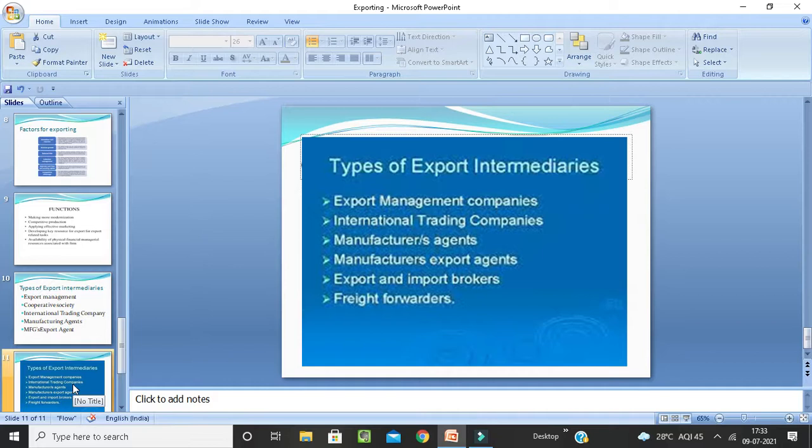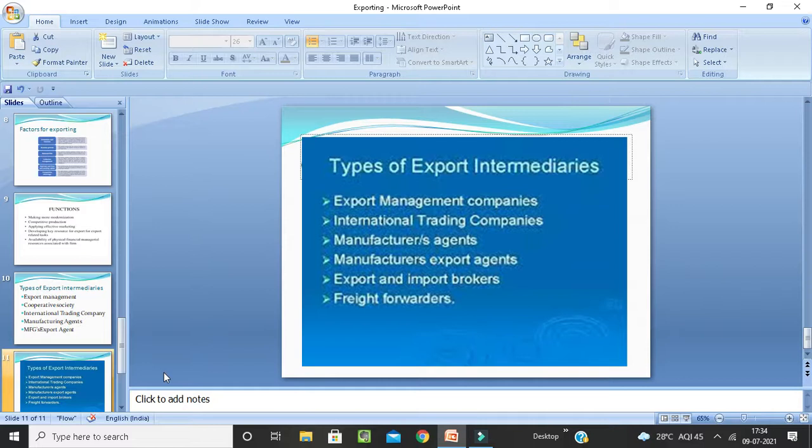Their main function is, once the goods have been finalized and fixed, it is their duty to fulfill the requirements of the customer. So these three levels will work together for exporting, and they will work like intermediary chains for exporting. International trading companies, at the international level, will have a grip on the globe, and they can purchase raw materials or resources from other countries or companies.